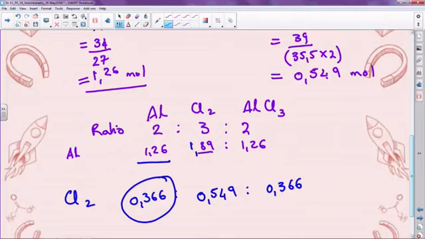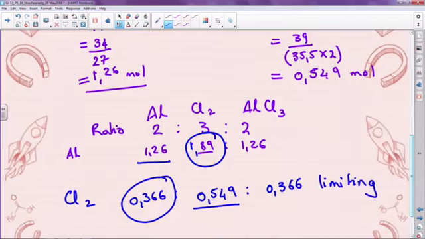I've got more than enough aluminium if I use this amount of chlorine. But the other way around, if I want to use all of my aluminium, I need 1.89 moles of chlorine. Do I have that? No, I don't. I've only got 0.54. So what does that mean? That means that my chlorine is my limiting reactant, and it means that my aluminium is in excess.